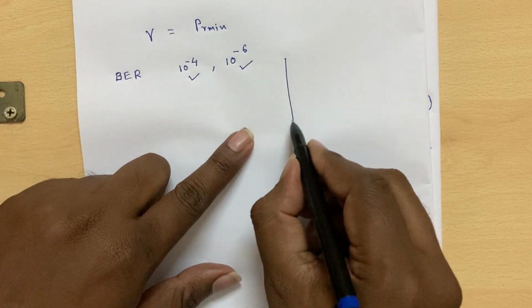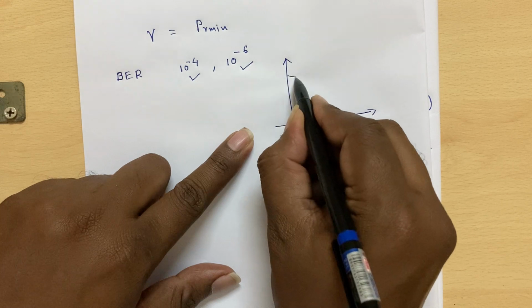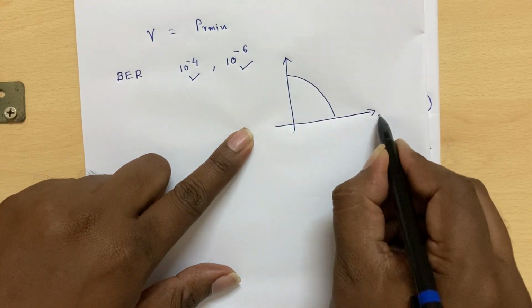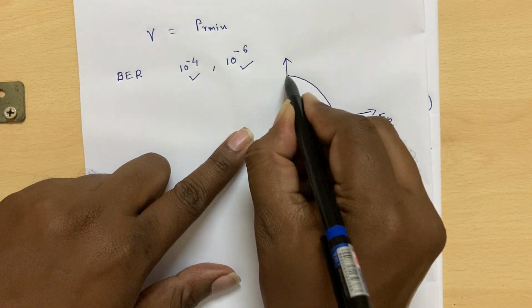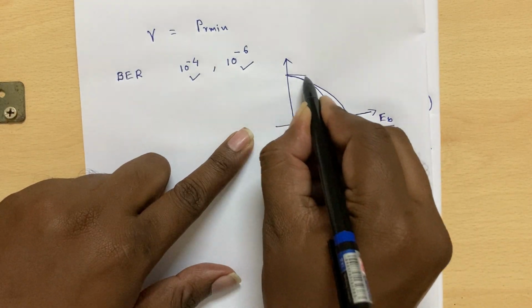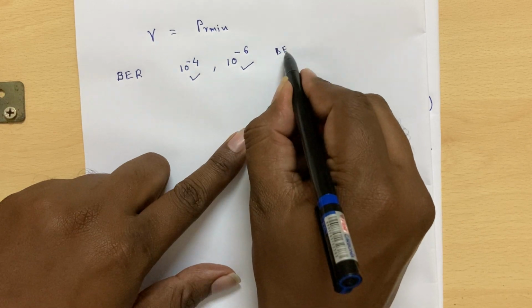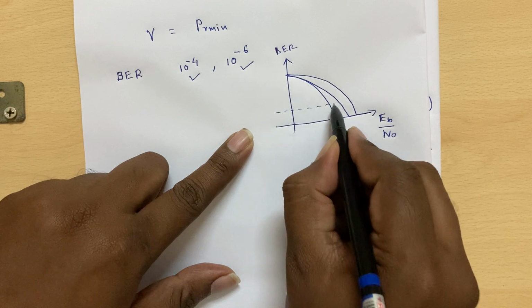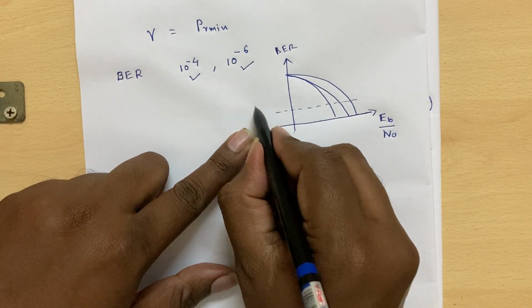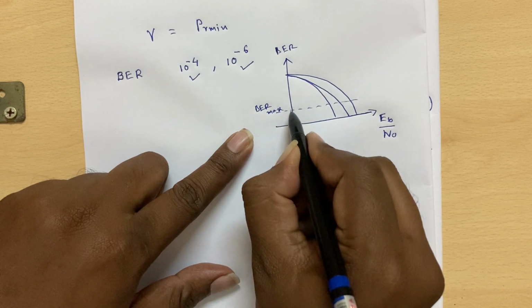For any modulation scheme and coding scheme, you will have curves like this: bit error rate versus EB by N naught. Depending on the modulation we use, there will be different curves. So there may be some tolerable bit error rate, BER max.